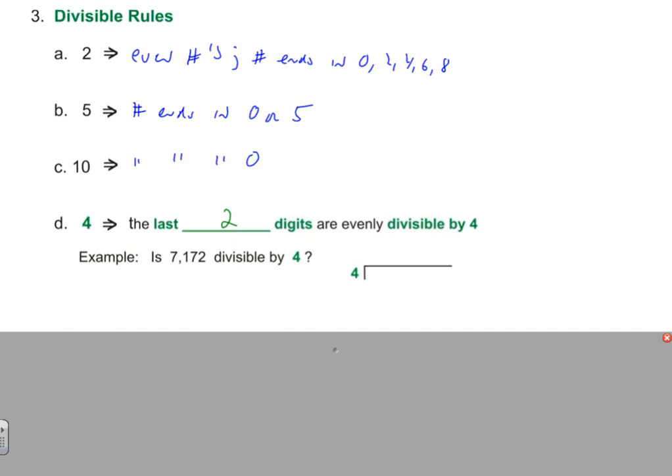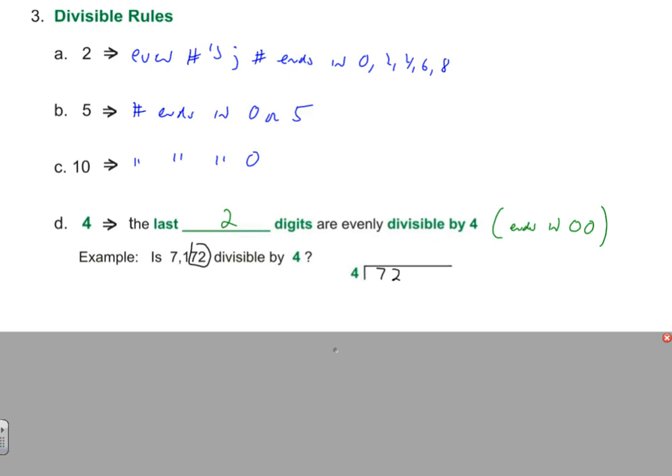By the way, there is one exception, or it ends in 0, 0, which is technically 100, and that is divisible by 4. So here's an example. We've got the number 7,172. Is that divisible by 4? Well, pretty simplistic. We're going to take the 72 and simply divide it by 4.